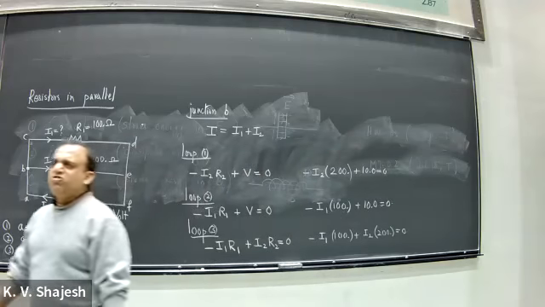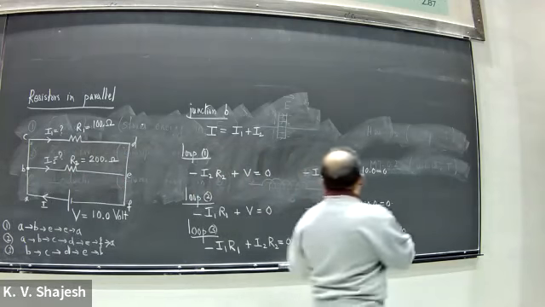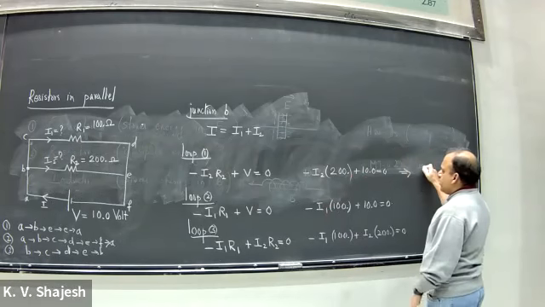All this should be consistent. Again, as I said, there are only 2 unknowns. We need only 2 of the equations, but nevertheless, all the 4 equations should be consistent. So let's see how it is. At least in this case, this immediately implies you can solve for I2 here.